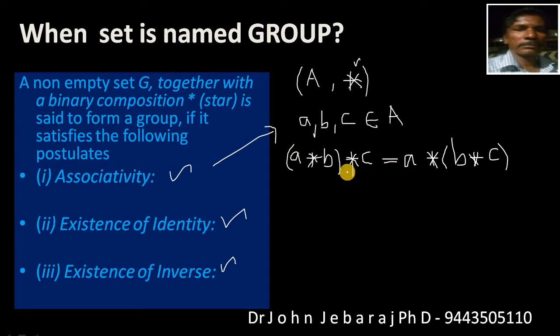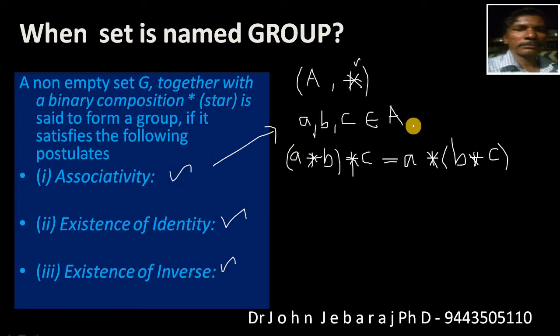What's the meaning here? You can associate the elements of A in any order, but the resulting element is the same. This is called the associativity of this binary operation with respect to all elements belonging to the set A.